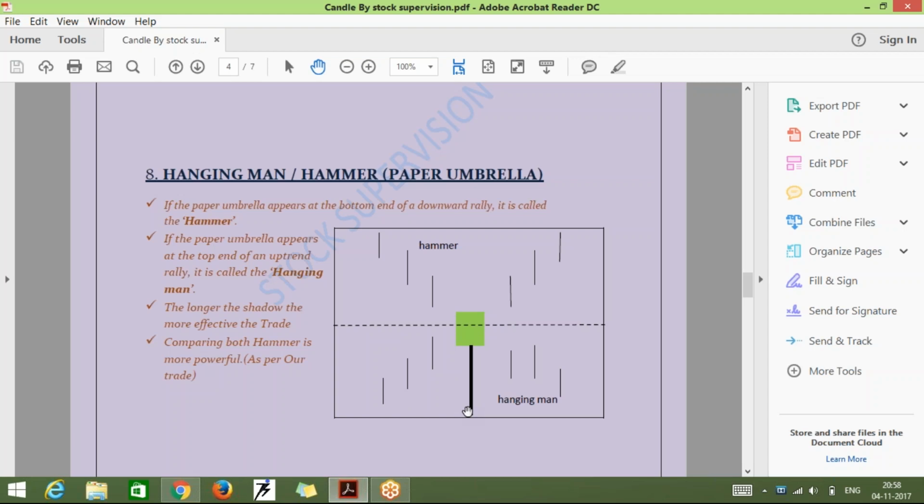The longer the shadow, the more effective the trade. This should be noted down. For hanging man and hammer, it's more effective if the shadow is longer. If you are seeing a shorter shadow, then please do not trade and forget that.